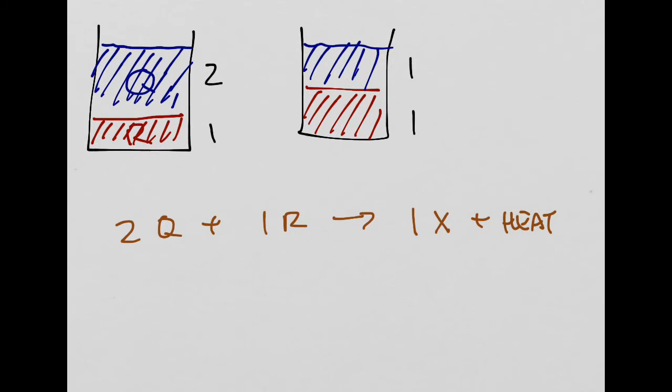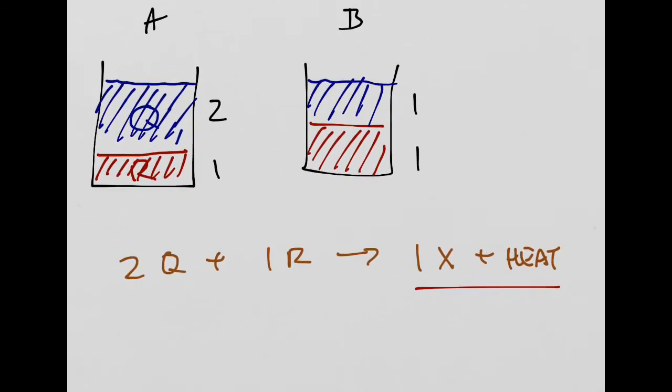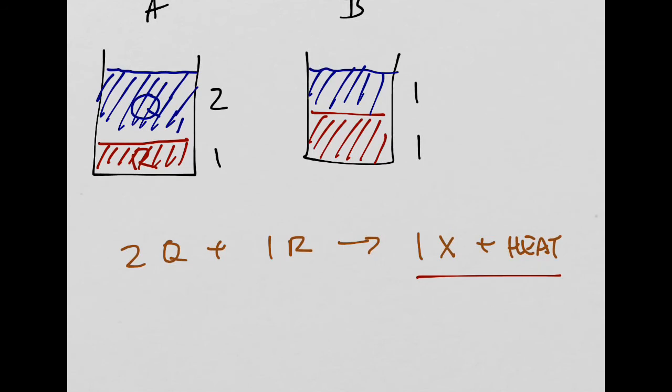If we had that combination, you would understand that if I combined 2 moles of Q and 1 mole of R, I'd have nothing left over. Q and R would be completely consumed, which would maximize the amount of X and heat that was produced. In the second scenario, B, let's imagine we had the same exact ingredients, still combining in a 2-to-1 ratio.